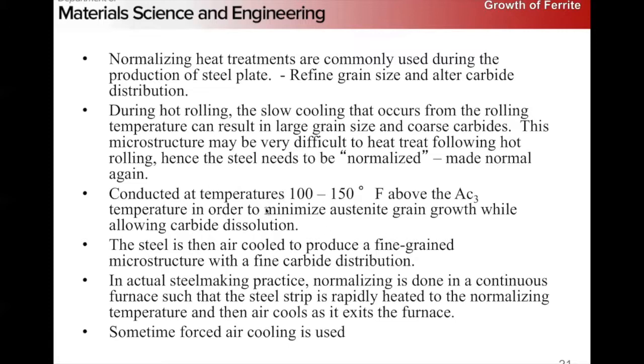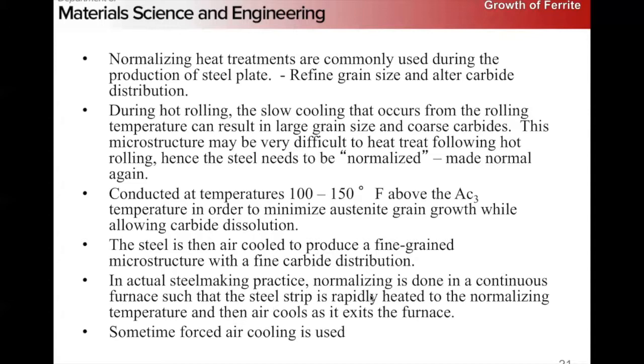And we want to keep it fairly low above the transformation temperature, because we don't want the austenite grains to grow too much, but we want to allow the large carbides that have grown to dissolve, right? And then we air cool to produce a fine grain microstructure with a good fine carbide distribution, right?